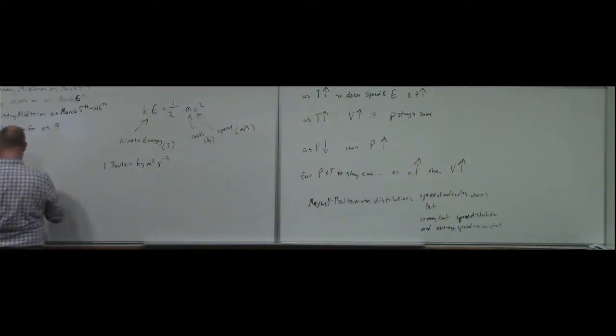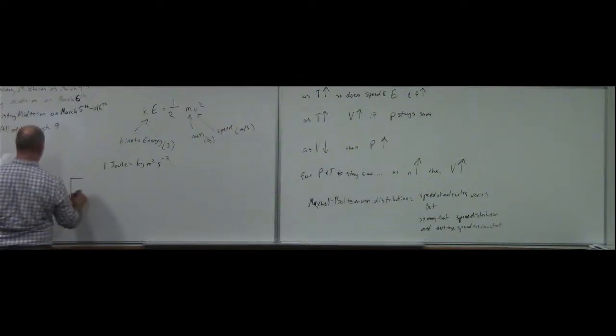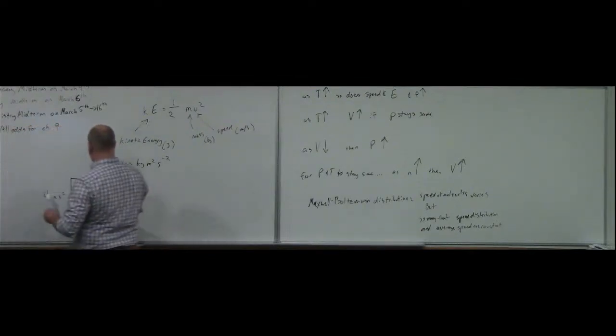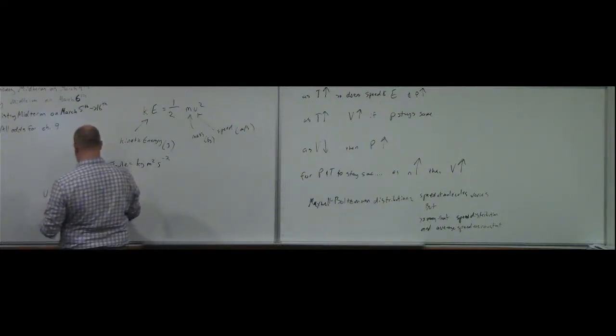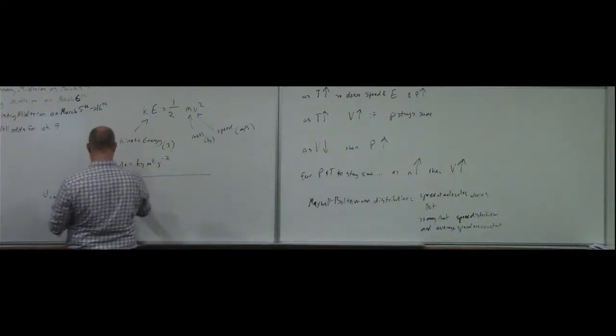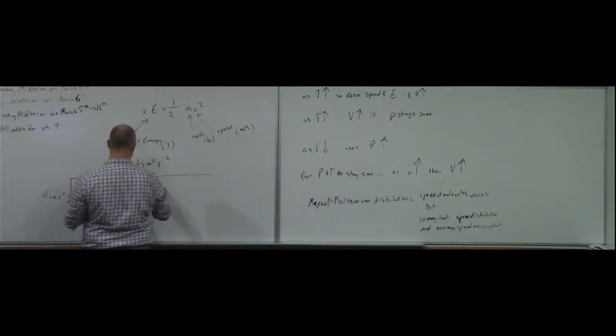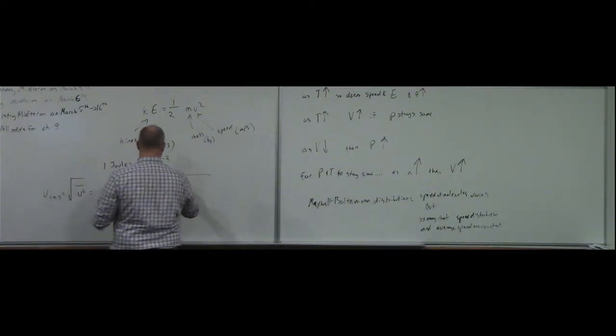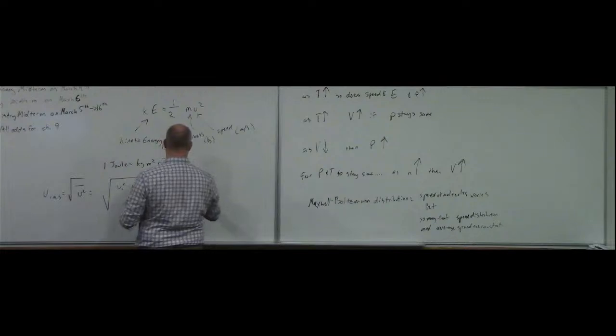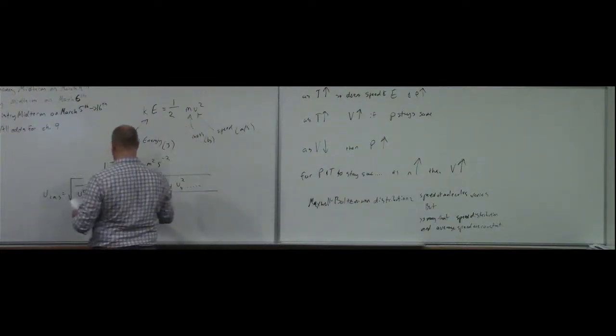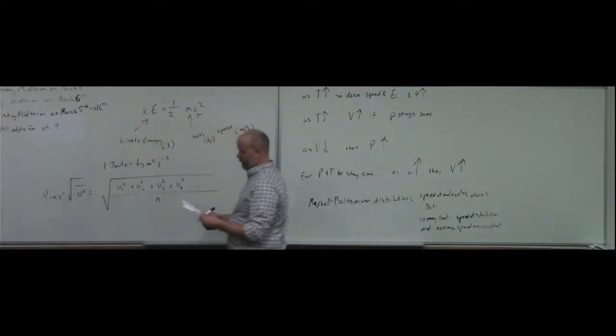So the root mean squared speed is equal to that, which is equal to... clear as mud.